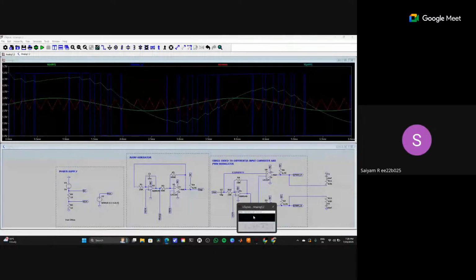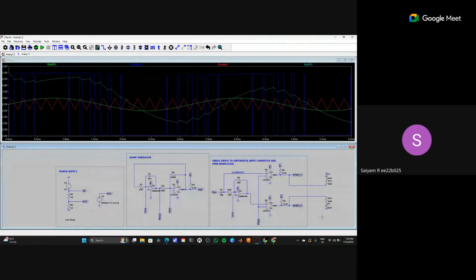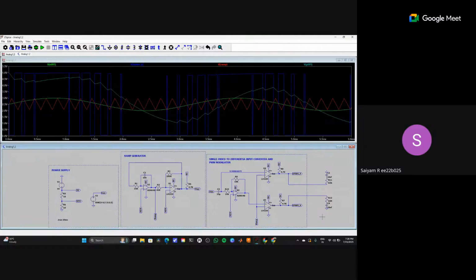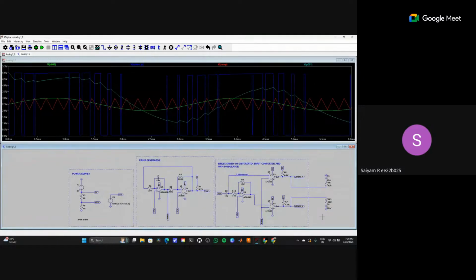Your resistance is 82K, so how much does this give? 1 by RC will be your cutoff frequency. So that is how much?